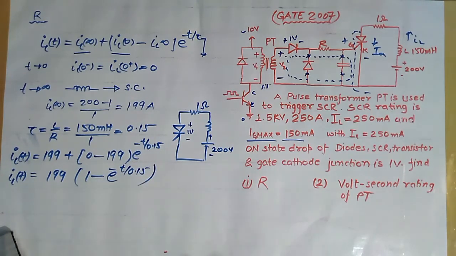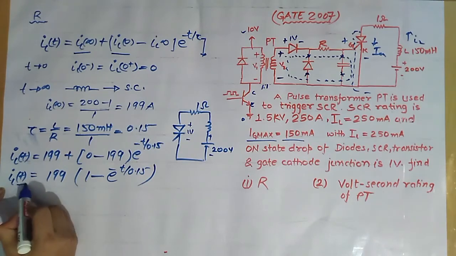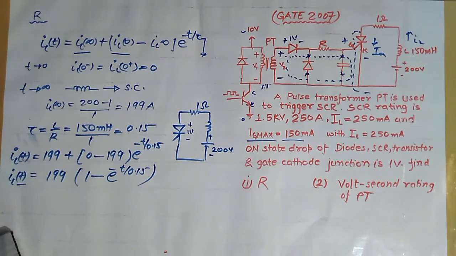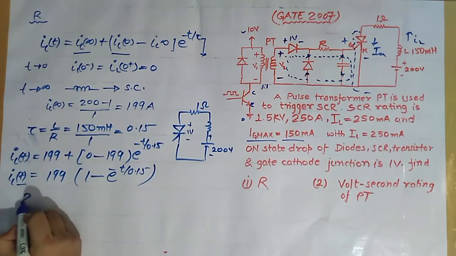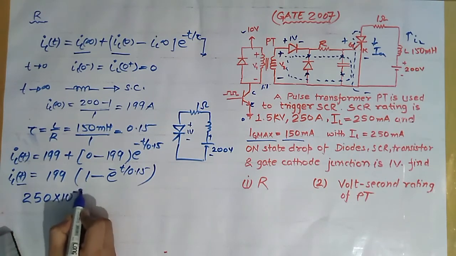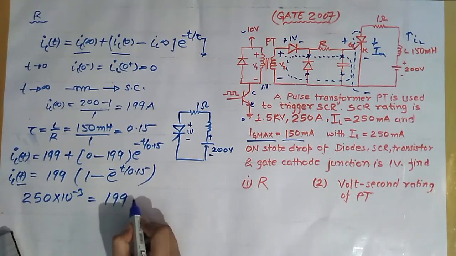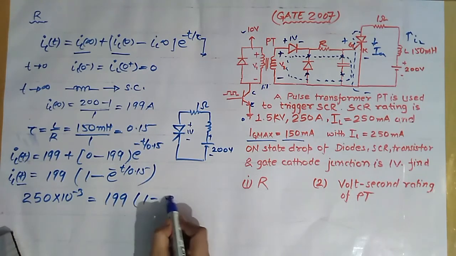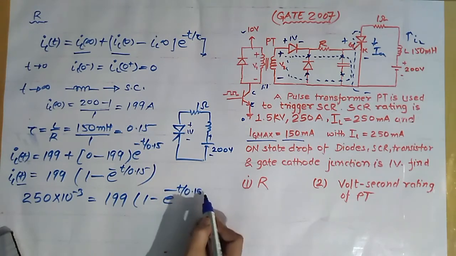To turn on the thyristor, we have to make this inductor current equal to the latching current, that is 250 milliampere. So 250 into 10 to the power minus 3 equals 199 times (1 minus e to the power minus t by 0.15).